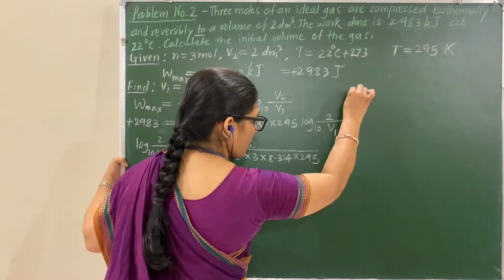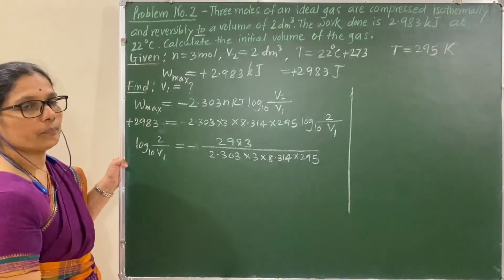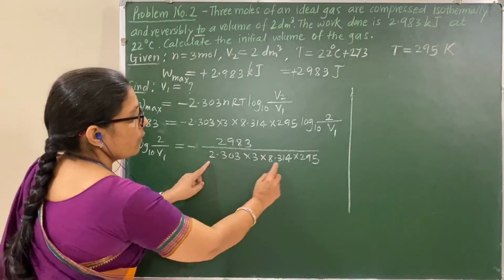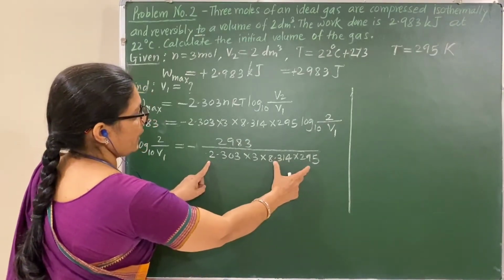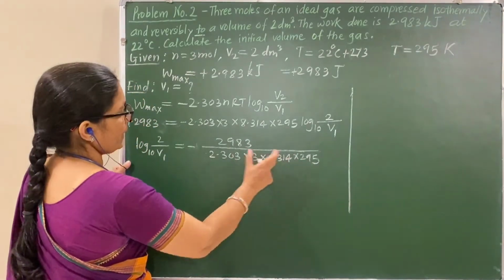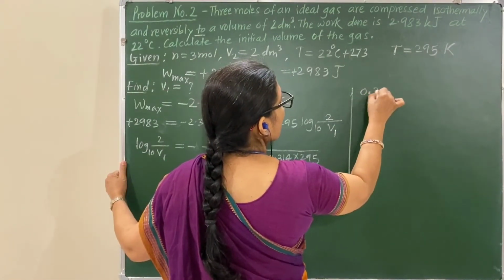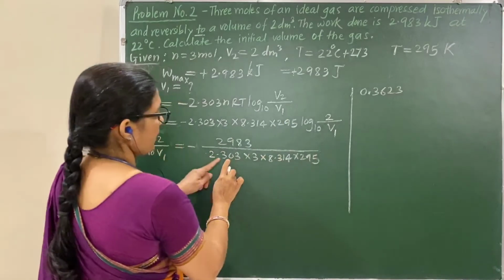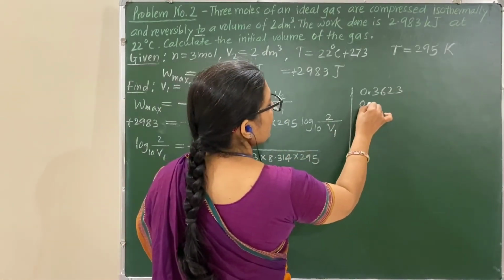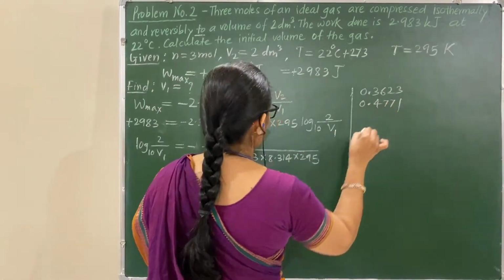Okay, use log calculation. Now first we find the multiplication of this, that is the addition of the logs of this one. It is log of 0.3633 is 0.4771.